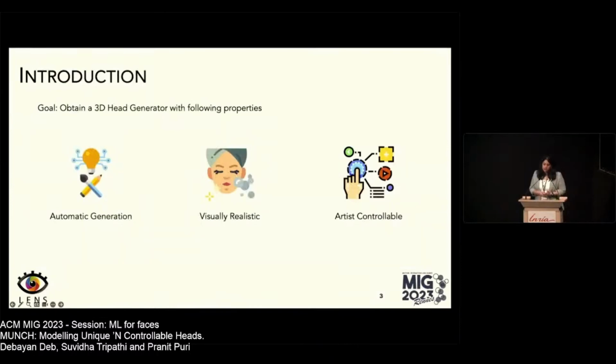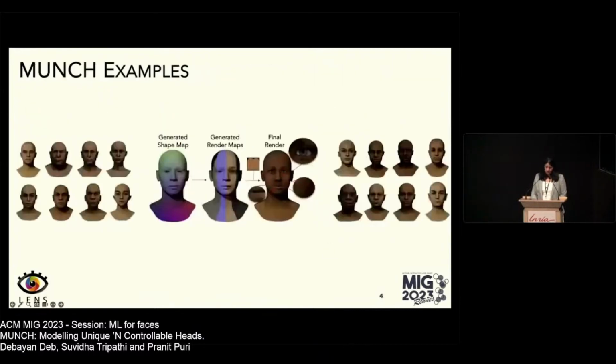So the goal is to obtain a 3D head generator that is visually realistic, and is also controllable by the artists. These are some of the examples, and this also shows an overview of our approach.